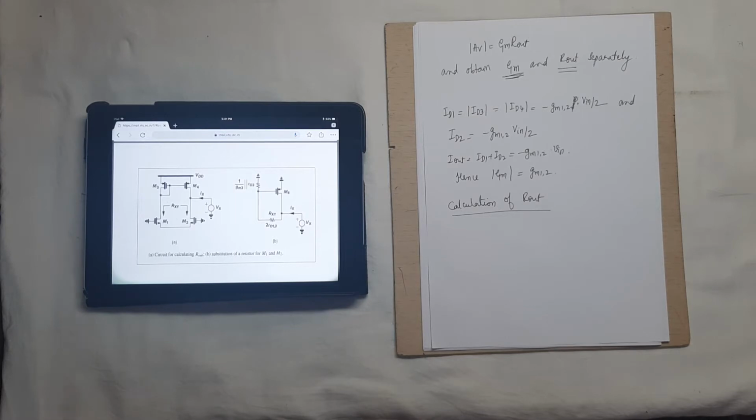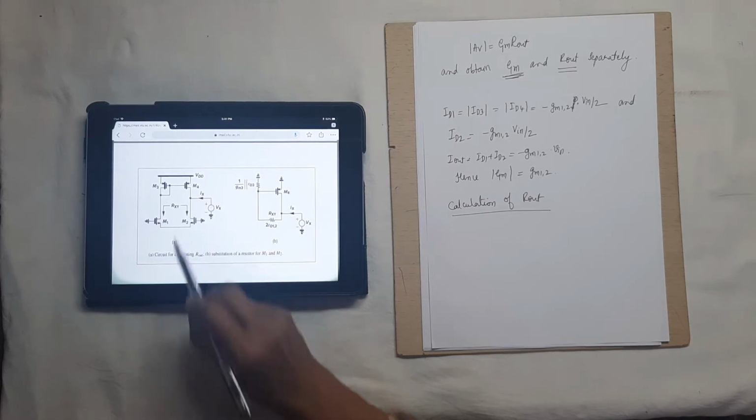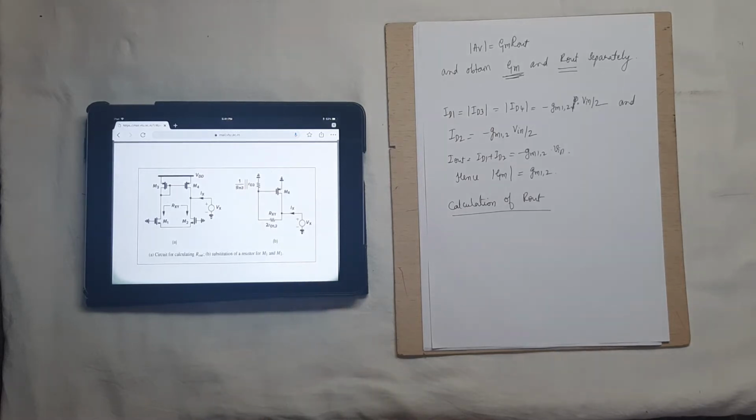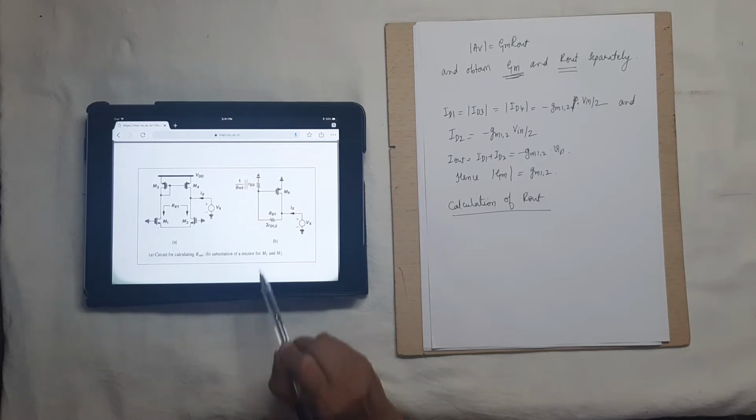Therefore, the current drawn from Vx through this can be represented by Rxy, and the resistance with respect to these two transistors is 2RO1,2.